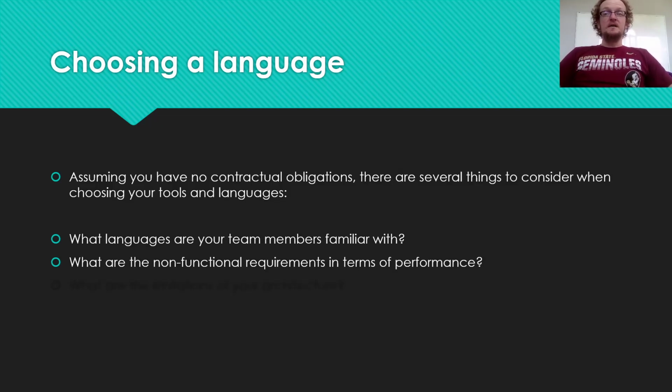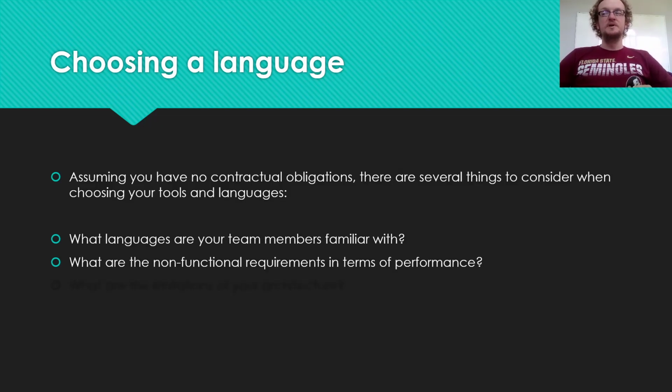You also want to be cognizant of the non-functional requirements. So this is particularly true in terms of performance and in terms of security. So if you want an extremely blazing fast application and you try to implement that application in C# or in Java, you have, again, missed the mark, because both of those languages are going to require a virtual machine, and that virtualization is going to automatically make it slower than something like C or C++.